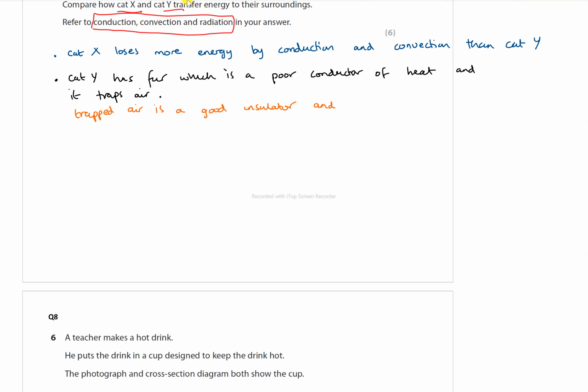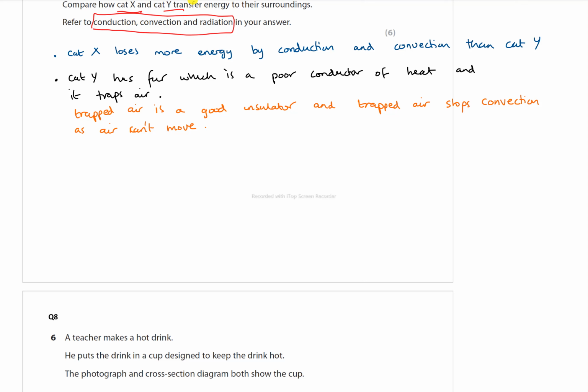and trapped air stops convection, as air can't move. There's a poor conductor.